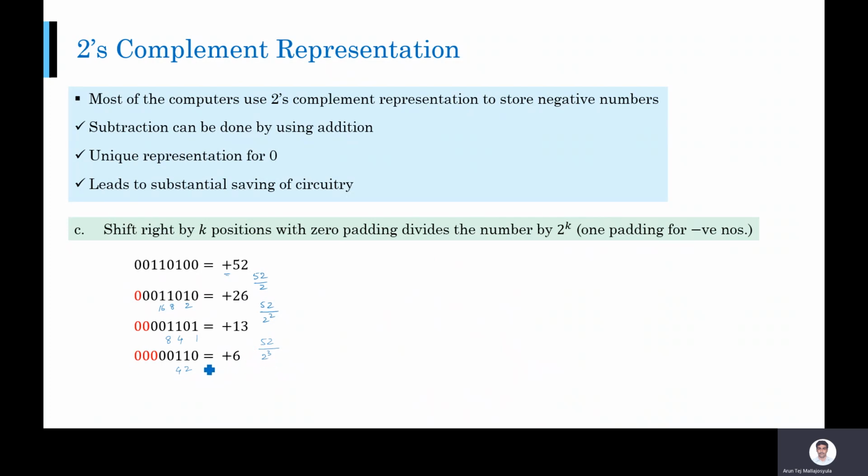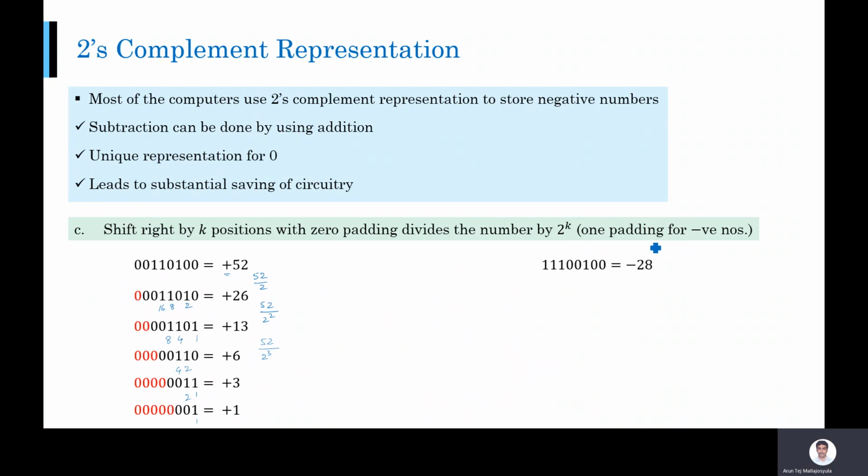The fraction is not taken care of here because you are only looking at integers, so you will get 6. Again, shift by one more position to the right, you will get 3. Again, shift by one more position, you get 1. Well, you should get 1.5, but as I said, fractions are not taken care of, so you will get 1. So shift right by k positions, and you are going to divide by 2 power k.